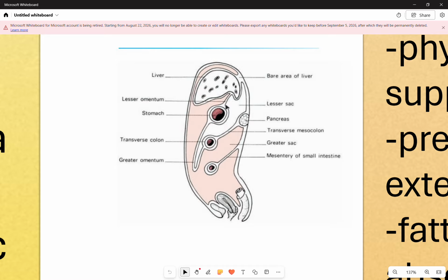And the greater omentum is fold of peritoneum, visceral peritoneum from the greater curvature descending into the lower part of the abdomen, and it can go further lower down into the pelvis and then ascending up and covering the transverse colon. So this is greater omentum. So greater omentum has got two layers of visceral peritoneum.